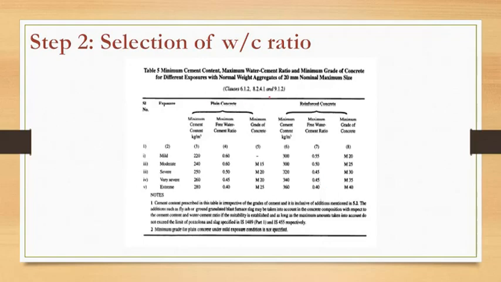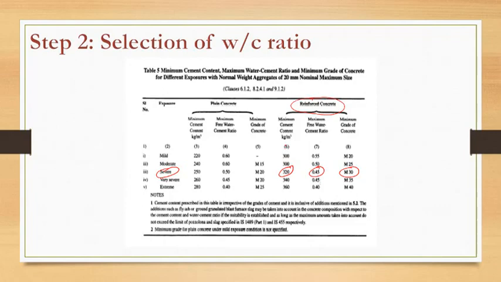Nothing is mentioned in the question about this, so we will consider it to be reinforced concrete. The questioner has given the exposure condition as severe, and our grade of concrete is M30. So what maximum water cement ratio do we get? 0.45, and the minimum cement content we get is 320 kg per meter cube.